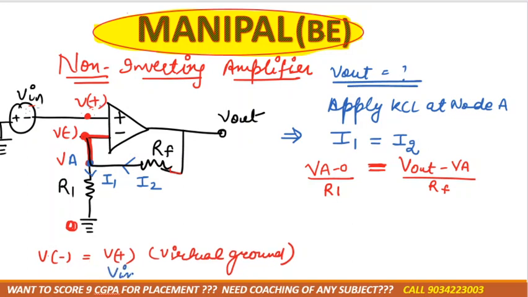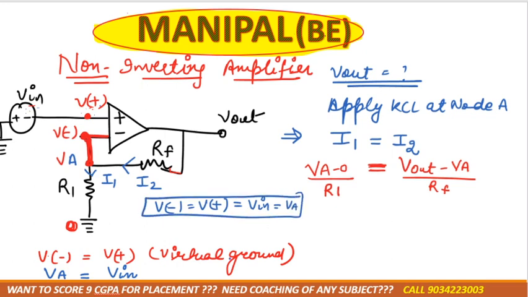It's the same, because there is no element connected between them. V negative and Va is also the same. So can we say that V negative is equal to V positive is equal to V in, and V negative is equal to Va? All the voltages are the same? Yes or no?